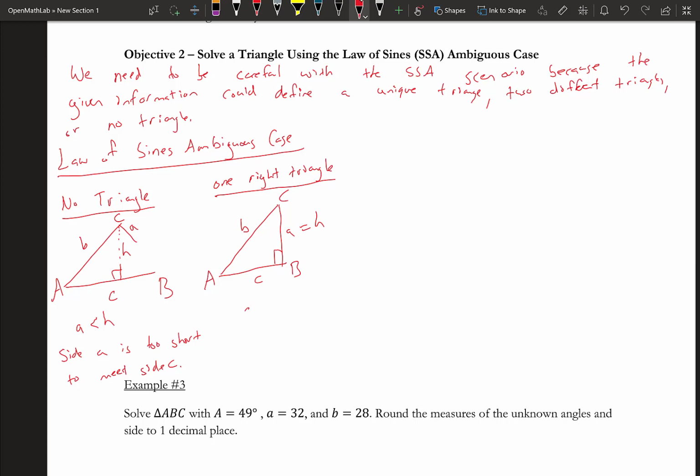So A equals your height, H. So we could say that side A is exactly equal to the altitude or the height of the triangle.